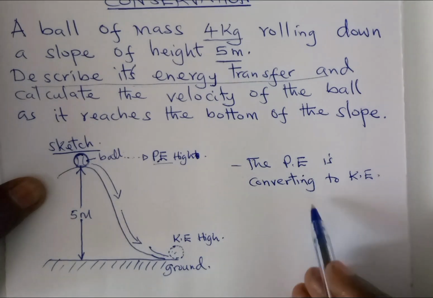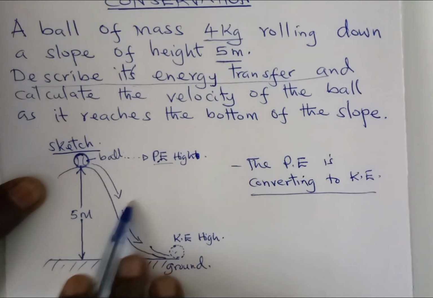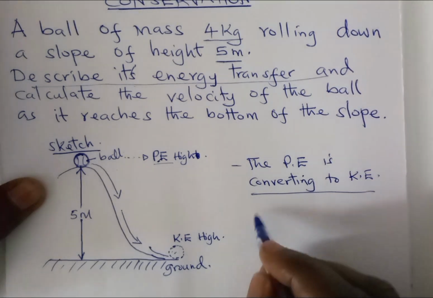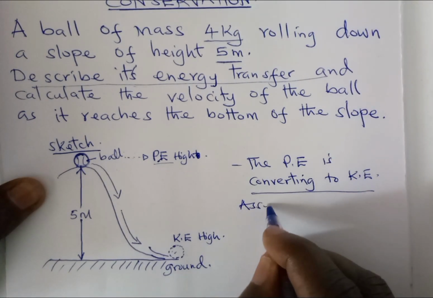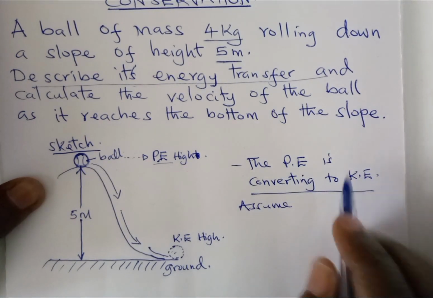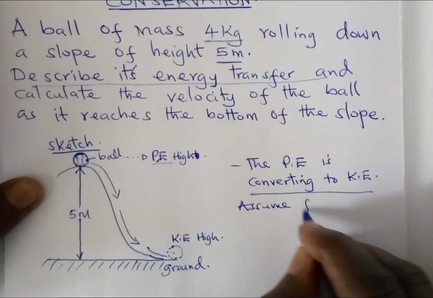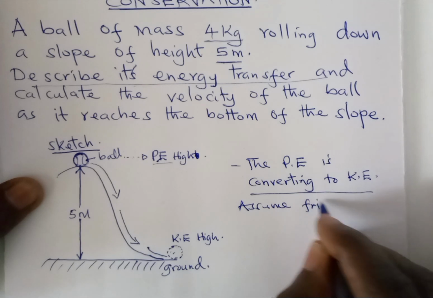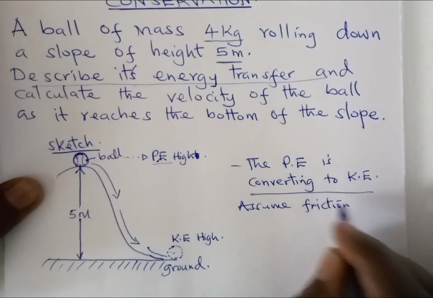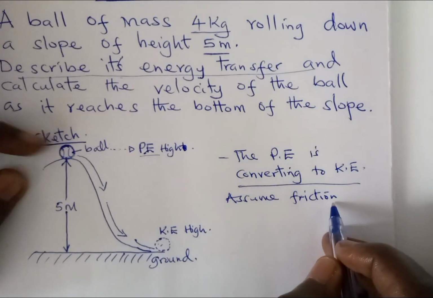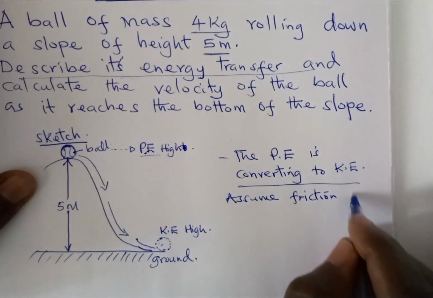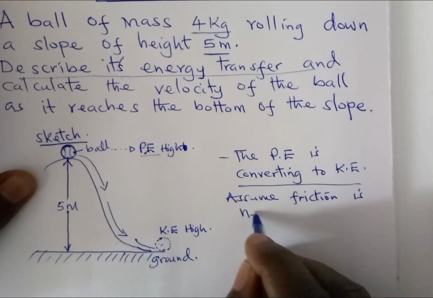Now, here we assume that there is no friction, so friction on the surface of the slope is negligible.